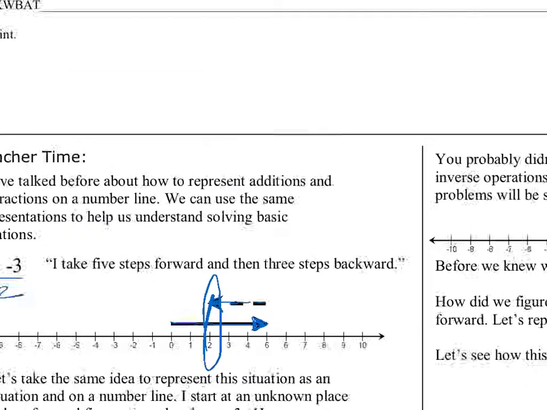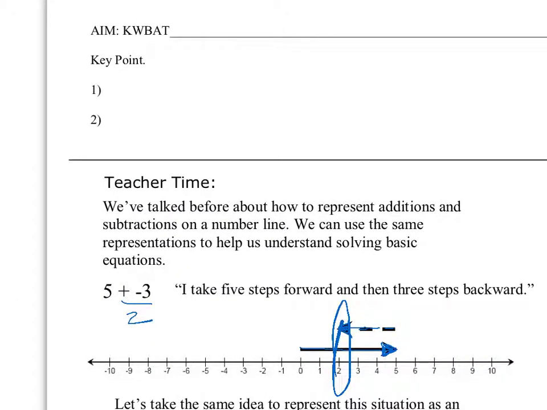Yes, Jalen? You can make a key point from that. Jalen wants to hop up and make that key point. I think he's absolutely right. So key point number 1, always retrace your steps using inverse operations.